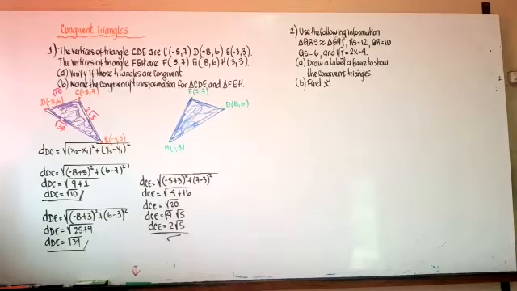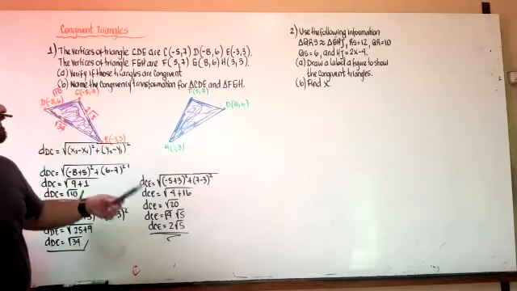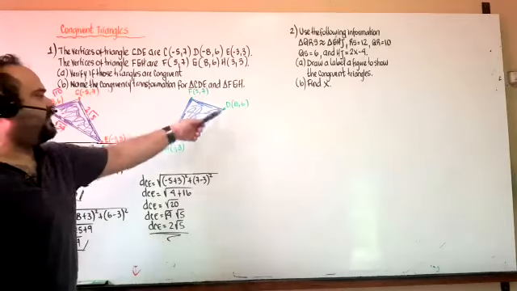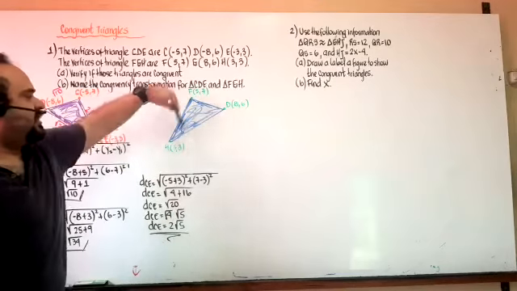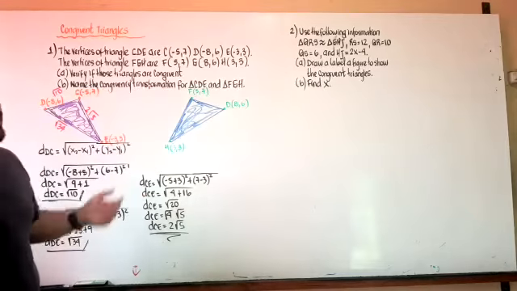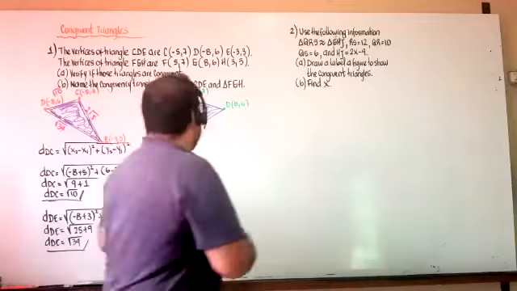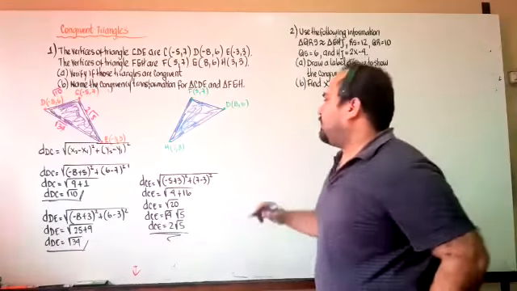Now with the second one, we're going to repeat the process once again, but this time we start using the other vertices. I mean, we're going to find out the distances between F and D, F and H, and D and H. Actually, for the three, the order doesn't matter. The result is supposed to be the same, right?